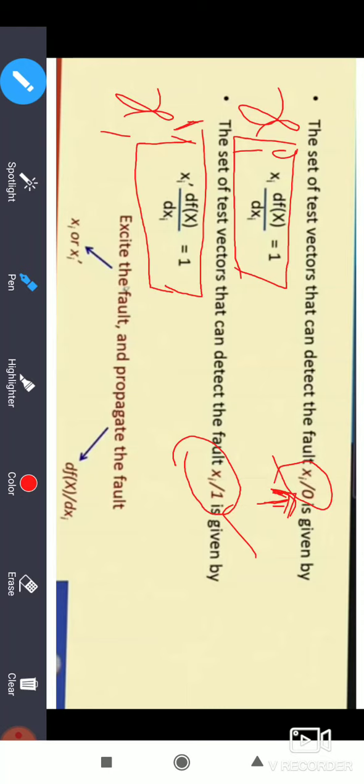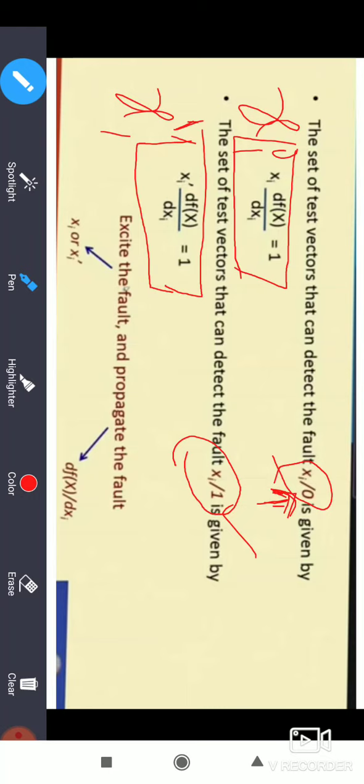So first, when xi is stuck at 0, xi into df of x by dxi equal to 1. And next, the set of test vectors that can detect the fault xi stuck at 1 is given by xi dash, means xi bar into df of x by dxi equal to 1.